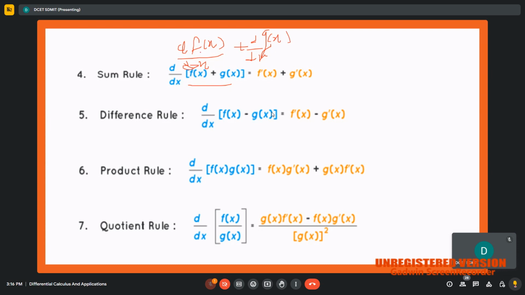Now, the differentiation of f of x is f dash of x, plus the differentiation of g of x, which is g dash of x. This rule is called the sum rule.